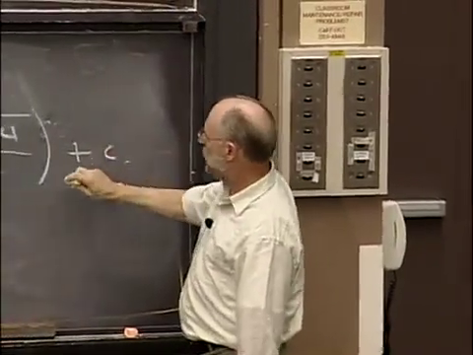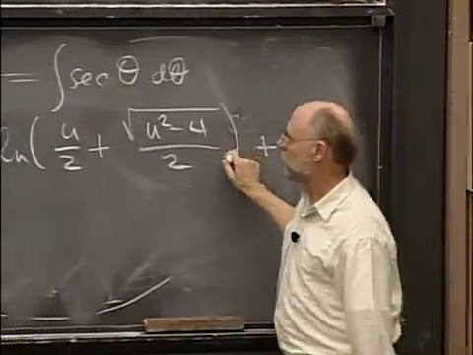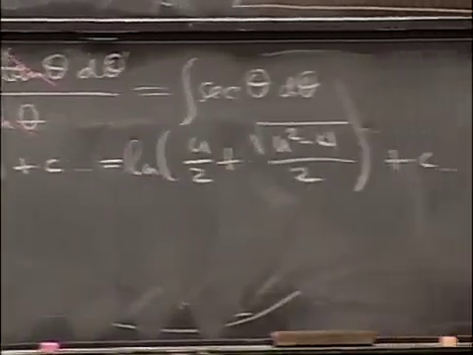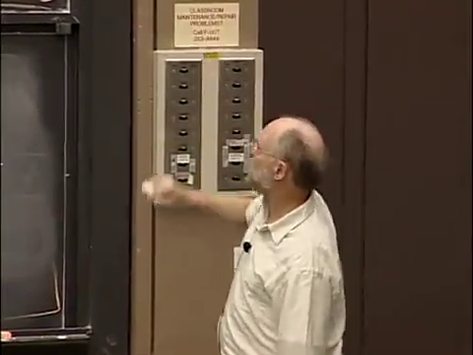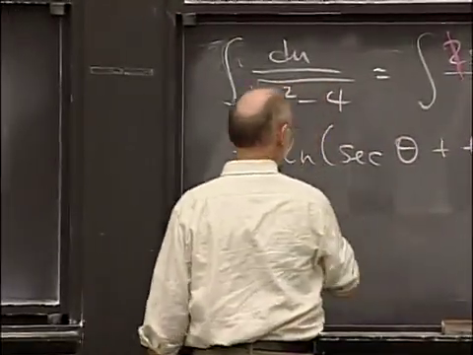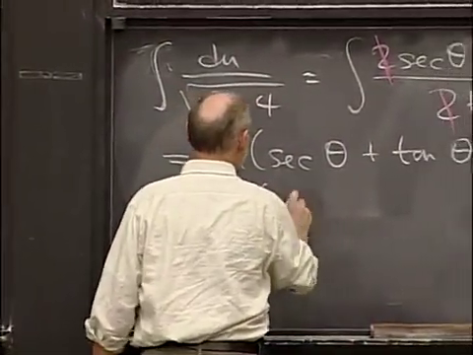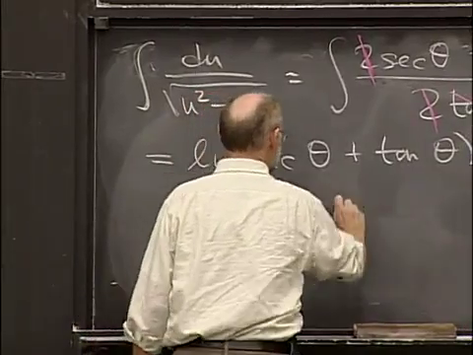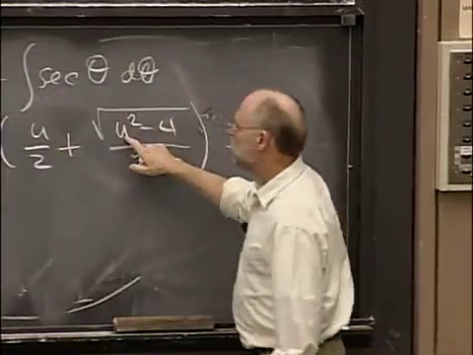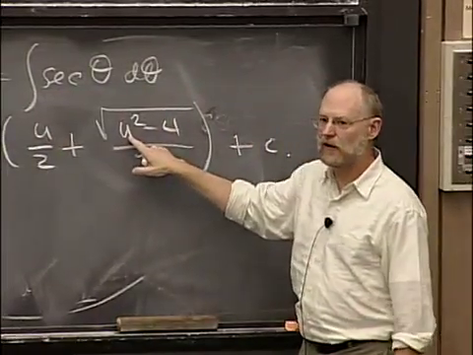I'm not quite done yet because my answer is in terms of u, and what I wanted originally was x. But this direct substitution that I started with is real easy to deal with. I can just put x plus 2 every time I see a u. And so this is the natural logarithm of x plus 2 over 2 plus the square root. What's going to happen when I put x plus 2 in place of u here?